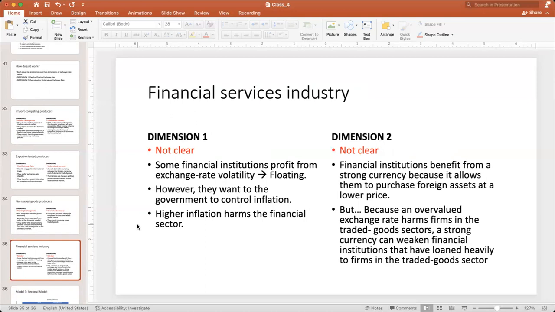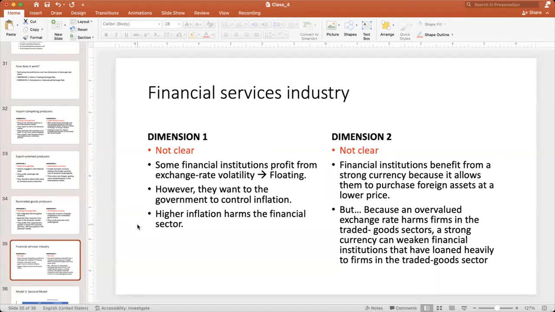And in dimension two, it's also not clear if they want undervalued or overvalued currencies. Why? Because financial institutions benefit from a strong currency because it allows them to purchase foreign assets at lower prices. However, they also want an overvalued exchange rate.